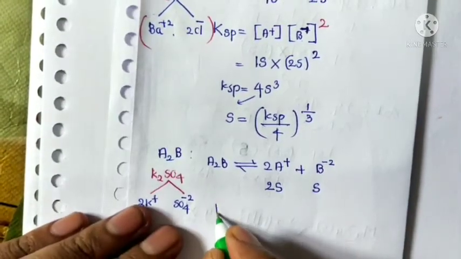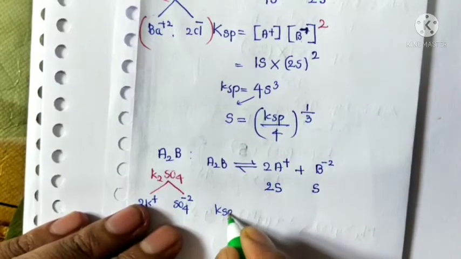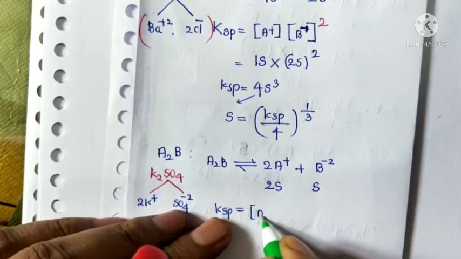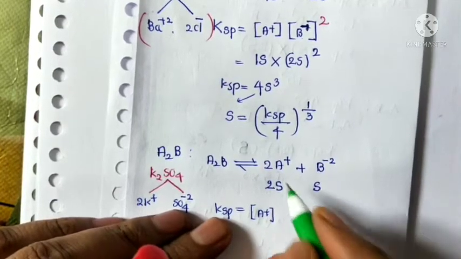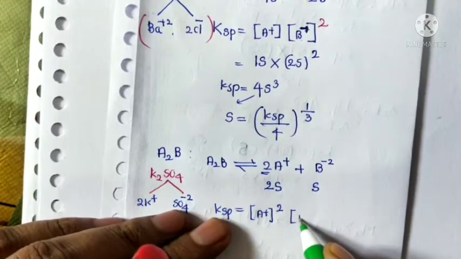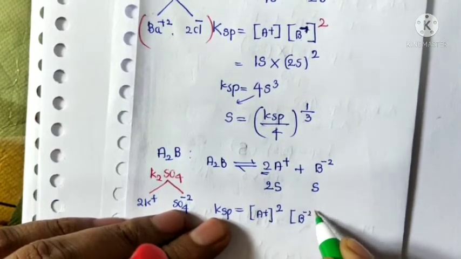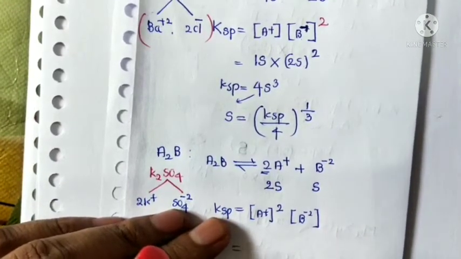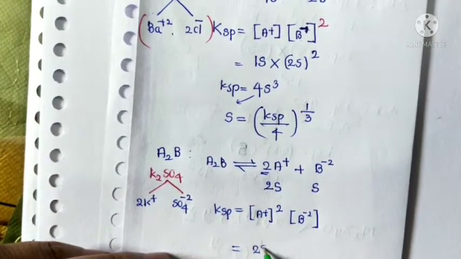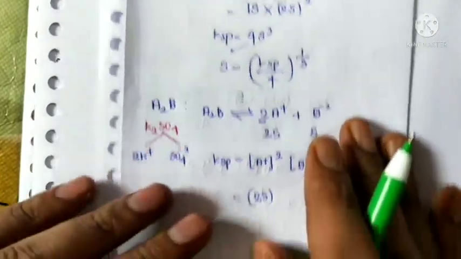So now find out the KSP of this type of salt. What is the concentration of A plus ions and the power? 2. Next, concentration of B minus 2. So A plus means how much solubility? 2s, that is whole power of square.